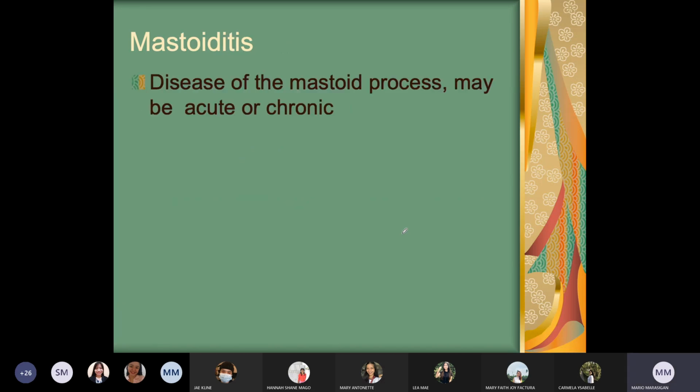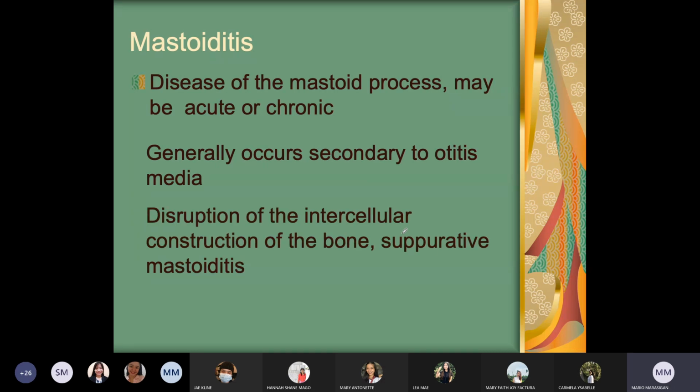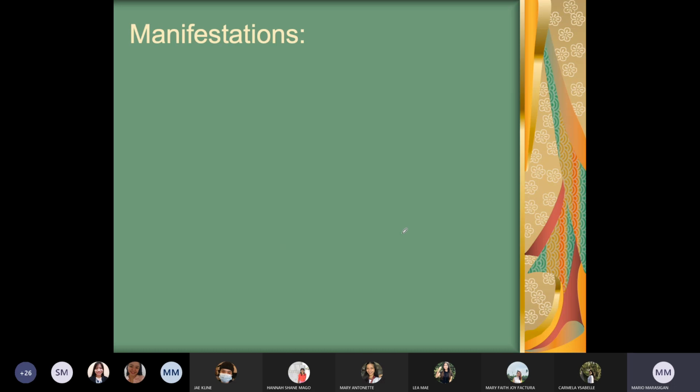Mastoiditis, this is a problem in the mastoid process. We mentioned already the acute mastoiditis earlier. No? So it is generally secondary to otitis media, disruption of the intercellular construction of the bone and suppurative part of mastoid. May lead to meningitis or brain problem like brain abscess.